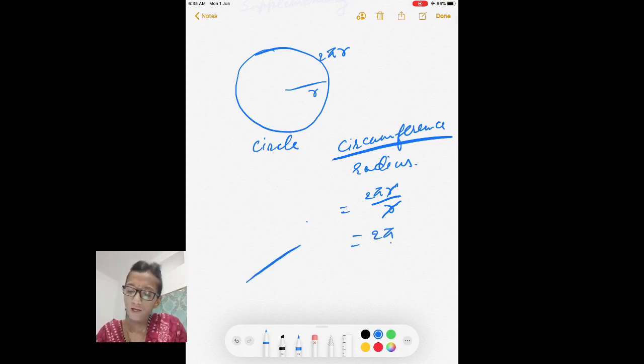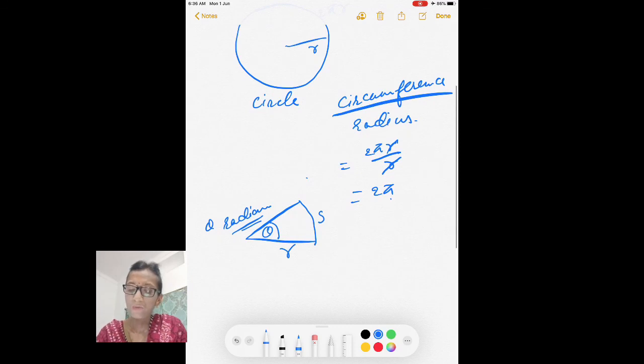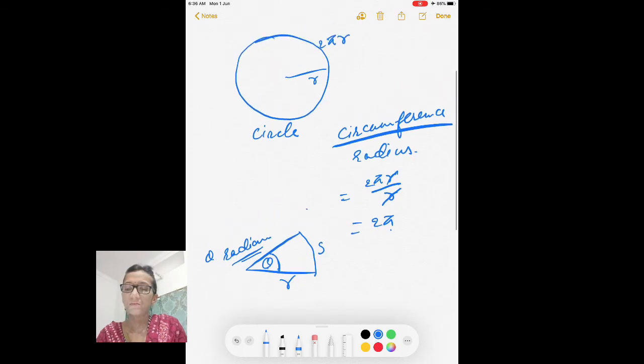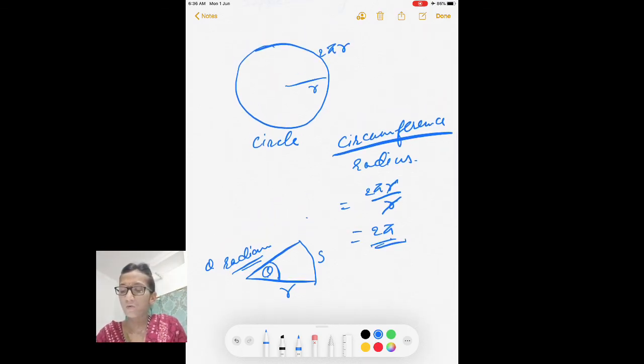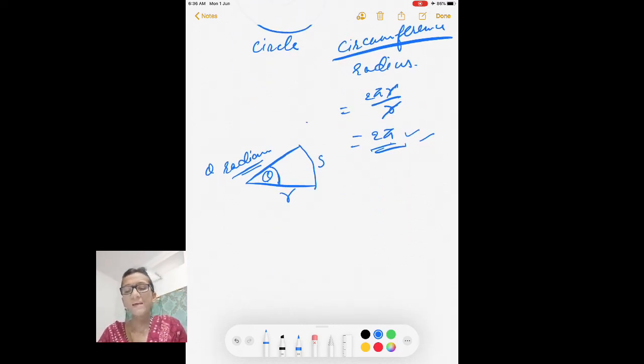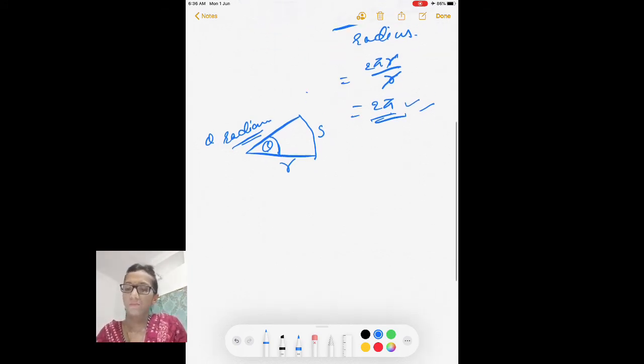And so for any angle, a part of a circle subtending at the center, any angle which is in radian, here theta is in radian, the ratio of the length of the arc and the radius will be a constant, and that constant is equal to the angle inside it. Here you can see the ratio is equal to the angle subtended by the whole circle, pi plus pi, 2 pi. So in this way we can define radian.